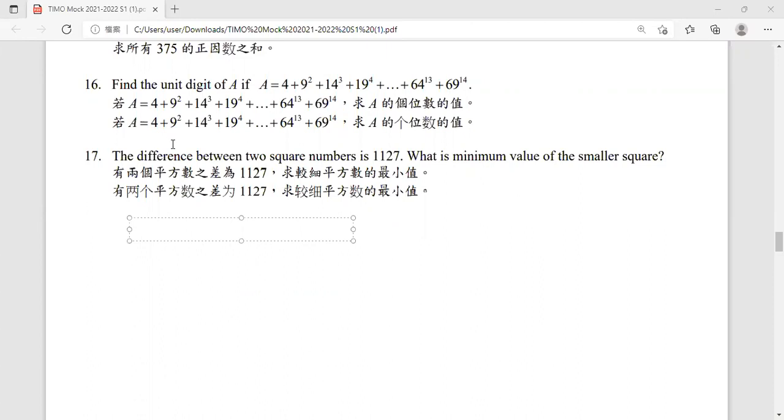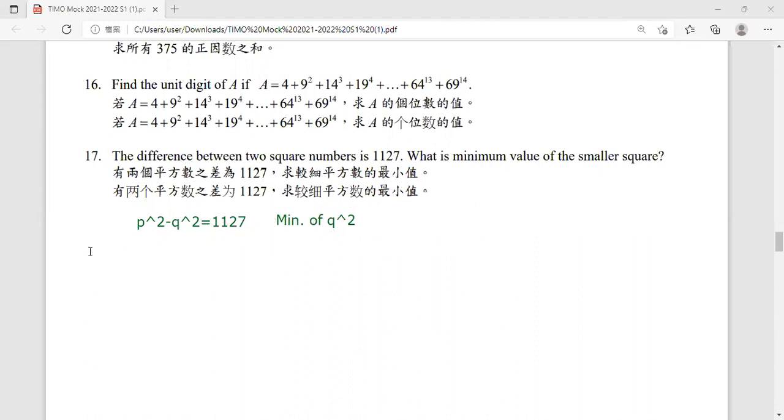I have a P and a Q. So P squared minus Q squared equals 1127. Now you have to find the minimum of Q squared.